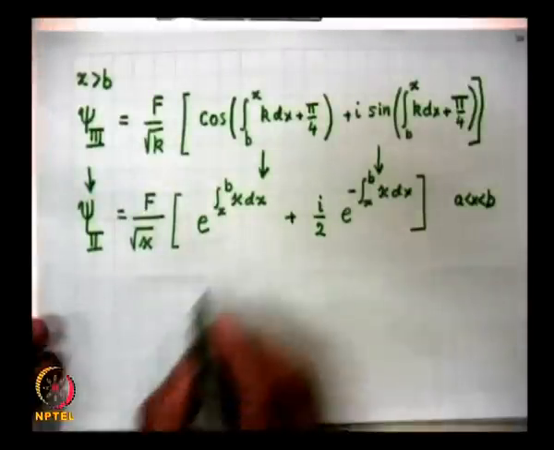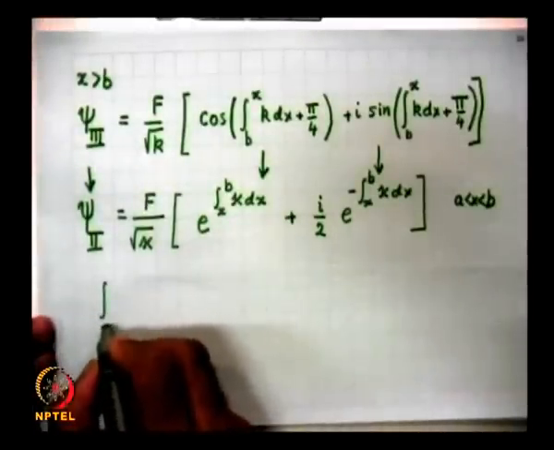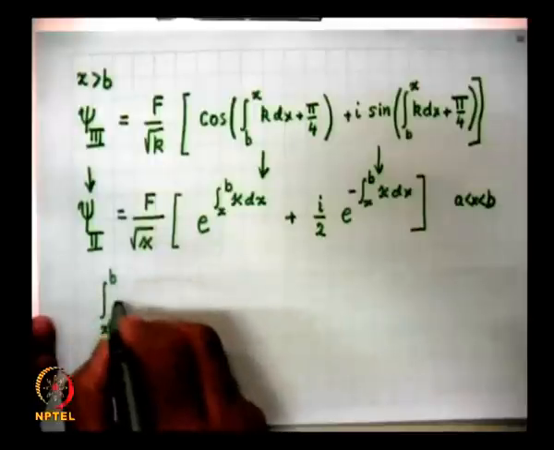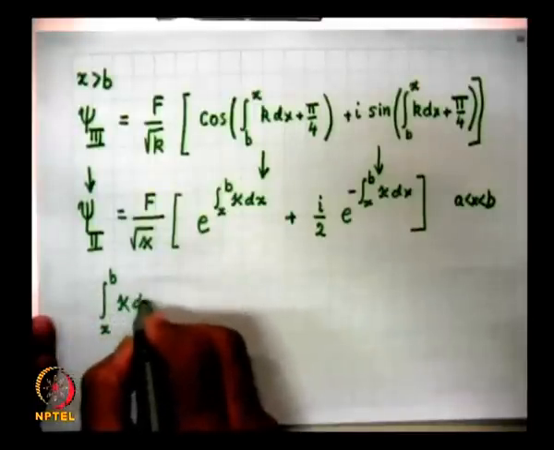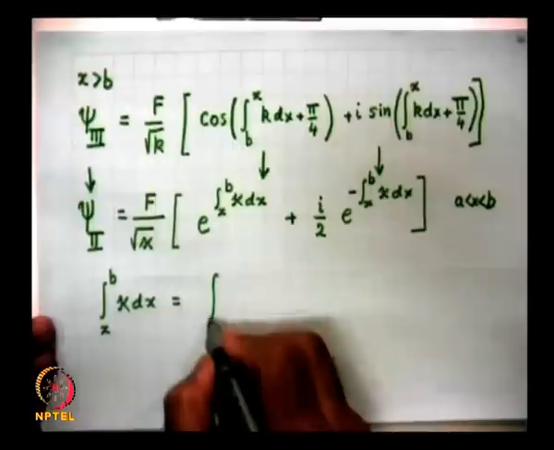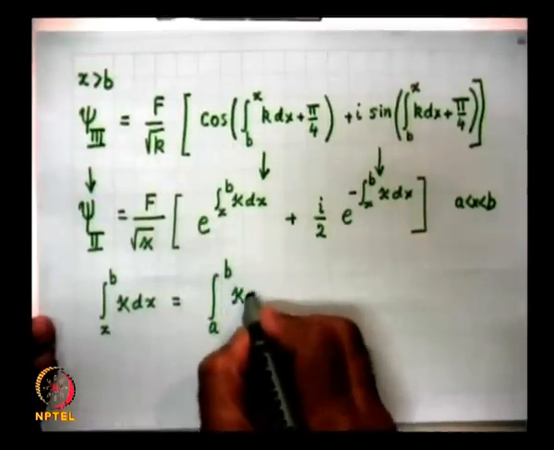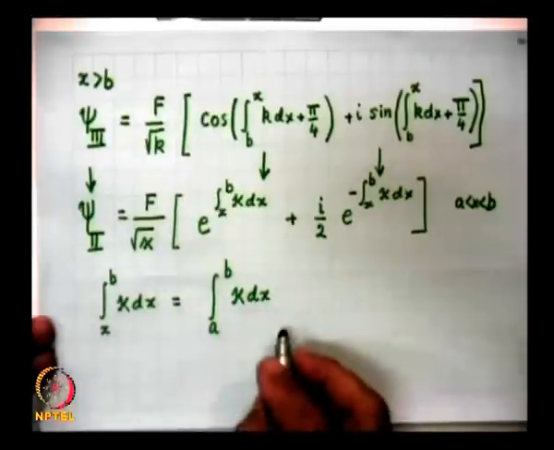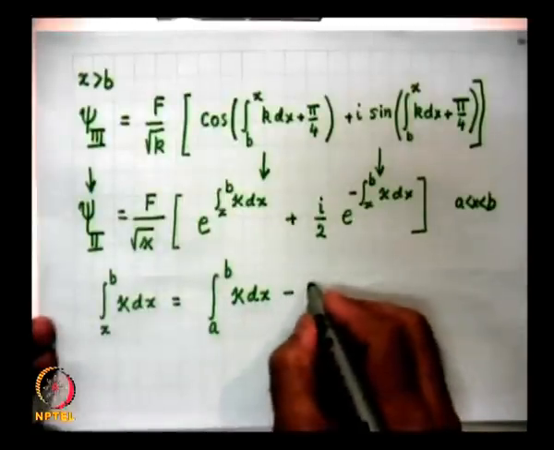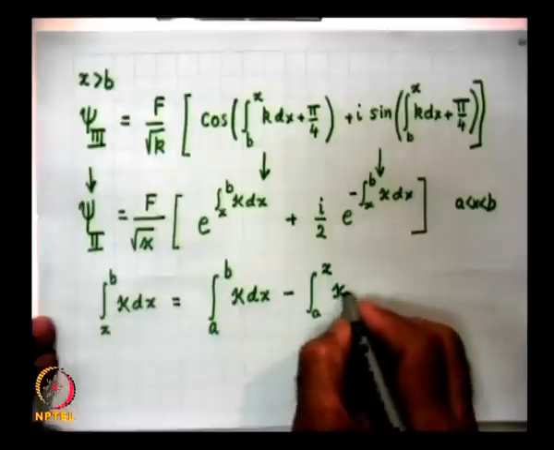So, therefore, let me write it down that integral x to b kappa dx we will write as integral a to b kappa dx minus integral a to x kappa dx.